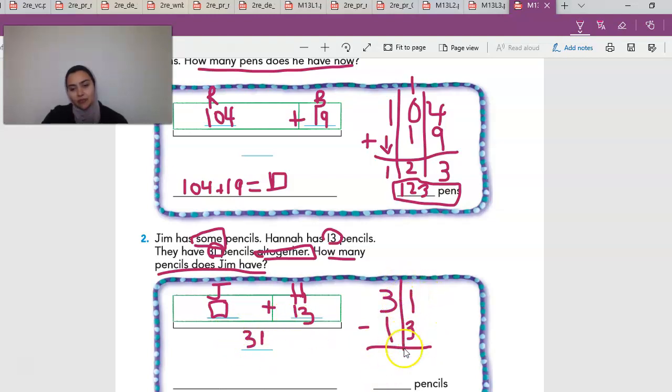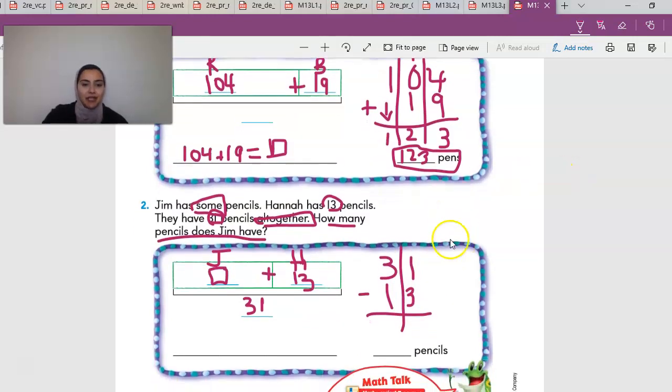So 1 take away 3, I can't do that. If the top number is smaller than the bottom number, you have to regroup. 3 becomes a 2, and 1 becomes an 11. 11 take away 3 is what? 11, 10, 9, 8. So it's 8. And then 2 take away 1 is 1. So how many pencils did Jim have?